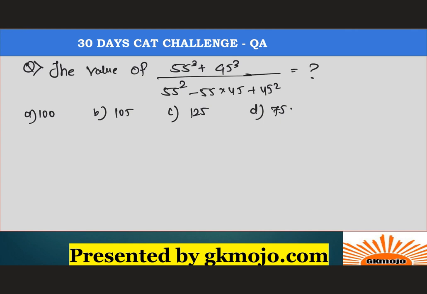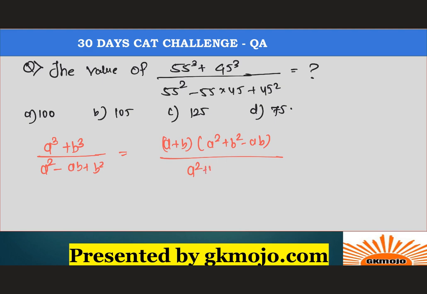So usually you have to keep in mind this thing: a cube plus b cube upon a square minus ab plus b square. This is the form of this equation. This can be written as this. How can you break down a cube plus b cube? It is a plus b, into a square plus b square minus ab, and this denominator remains a square plus b square minus ab as it is.